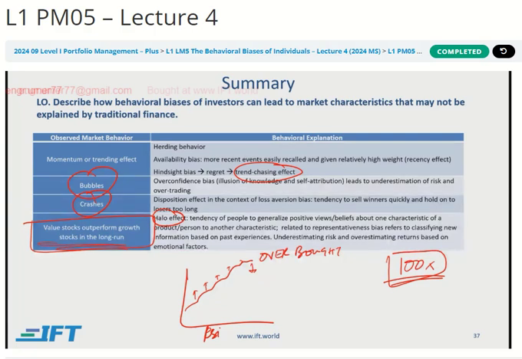And what explains this is that we over glorify the growth stocks, which leads to their overvaluation and then eventually their underperformance. Why, by the way, we overvalue them is because we underestimate the risk and we overestimate the return. So basically you overestimate the intrinsic value because the future cash flows you are overestimating and the discount rate you are underestimating. So the numerator is larger, the denominator is lower.